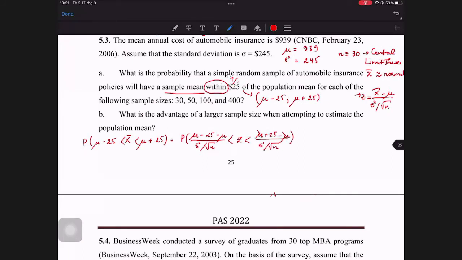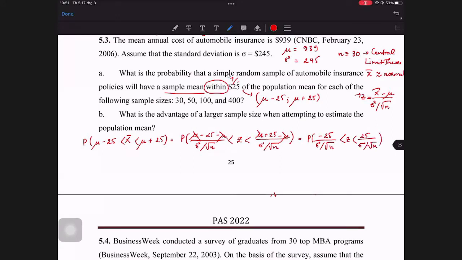We can eliminate the same values here, and then what we have when we talk about within 25 is minus 25 over sigma over square root of n, and plus 25 over sigma over square root of n.